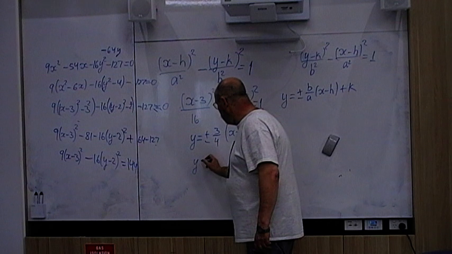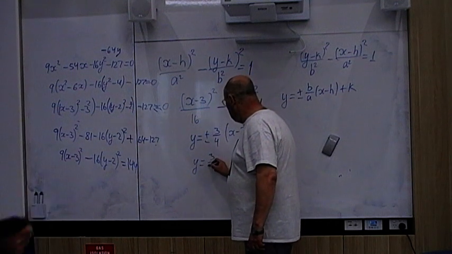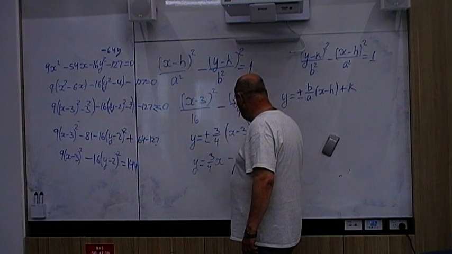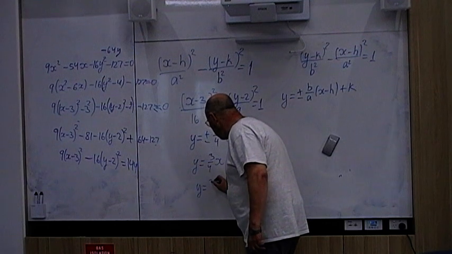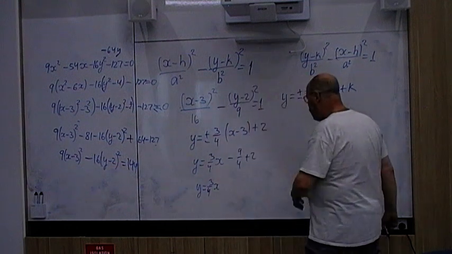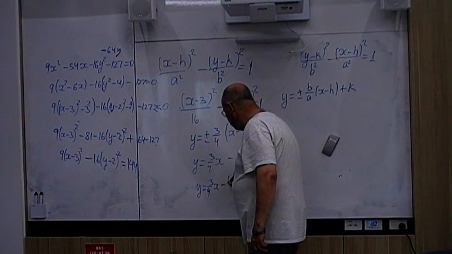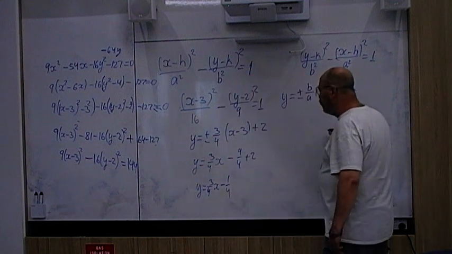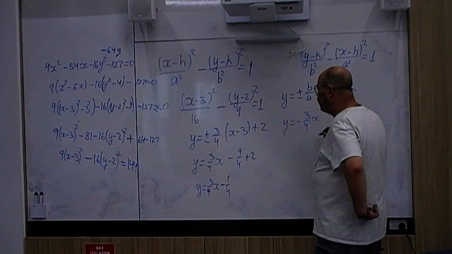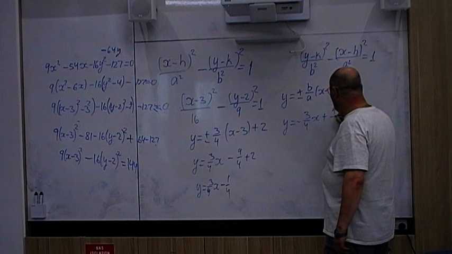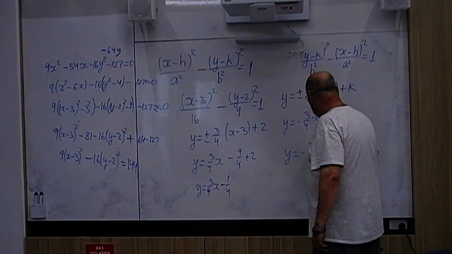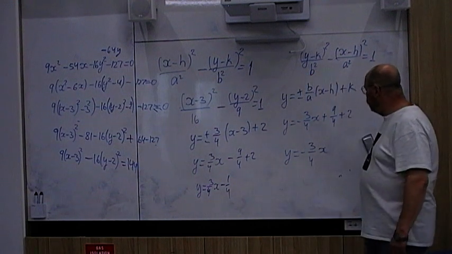Expanding brackets, we get y equals 3 quarters x minus 9 on 4 plus 2, which gives y equals 3 quarters x minus 1 quarter. The second asymptote is y equals negative 3 quarters x plus 9 on 4 plus 2, which is y equals negative 3 quarters x plus 17 on 4.